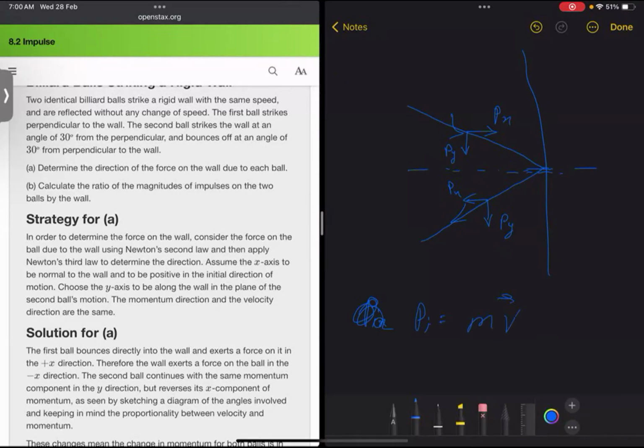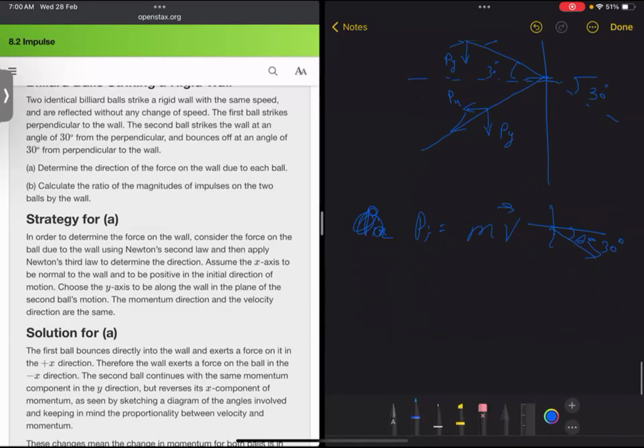And what is the direction of this? The direction of this momentum is like this. Let's say this is some theta. This theta is 30 degrees, right? So this is also 30 degrees.